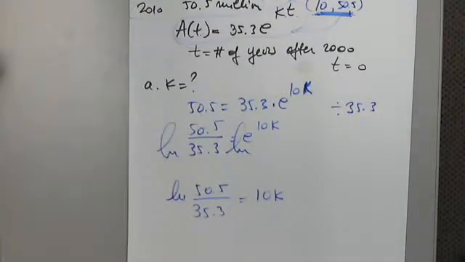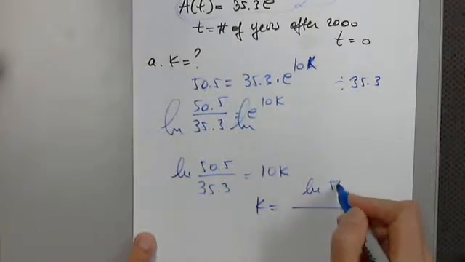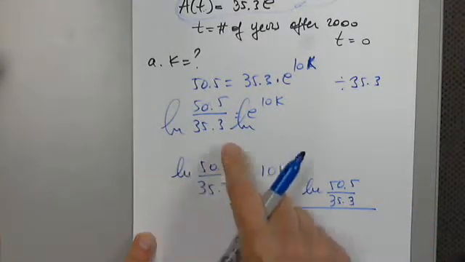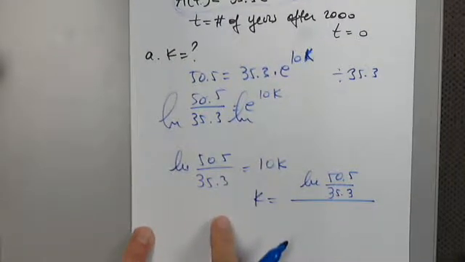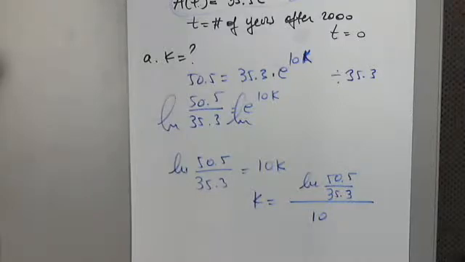I should write multiplied by natural log e. However, I don't. Why? Because natural log e is 1. Very good. So then k equals natural log of 50.5 over 35.3, all divided by 10. Remember, this is not log of the top over log of the bottom. It's log of a ratio divided by 10. If you have the number for me, please give it to me. Don't torture me. If not, I will calculate it.